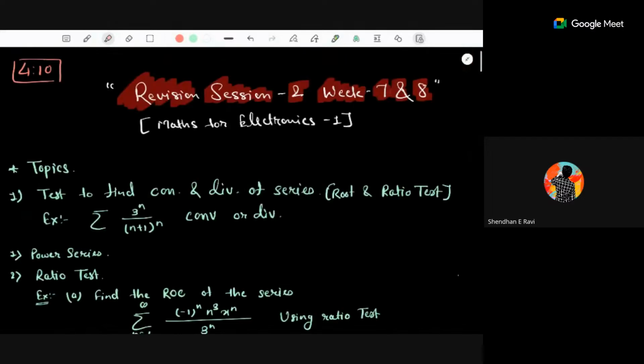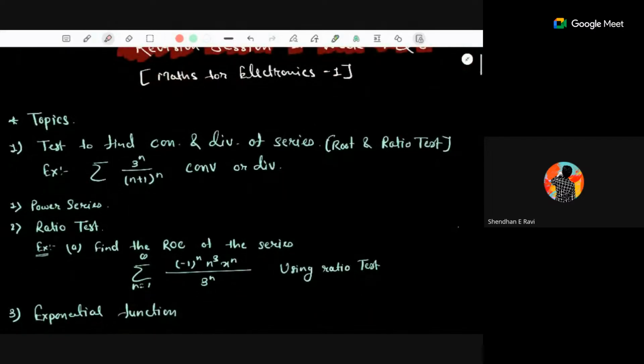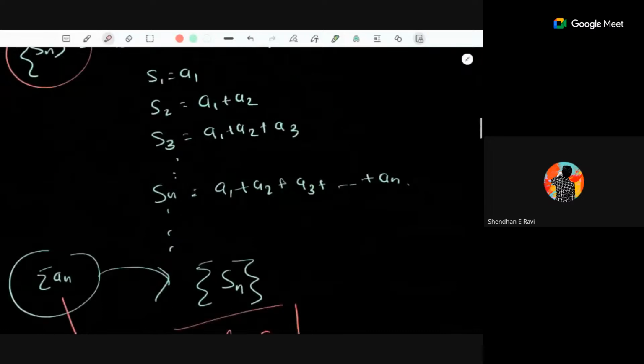Now we have an example here: summation 3 to the power n upon (n plus 1) to the power n. I'll give you 3 or 4 minutes to solve this question.